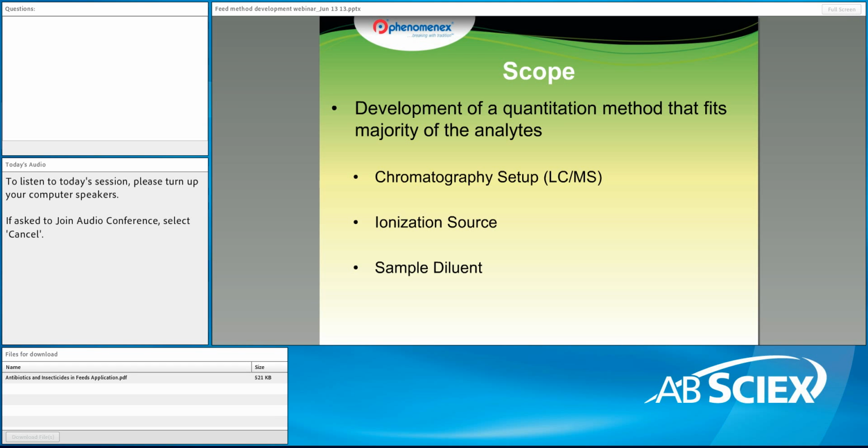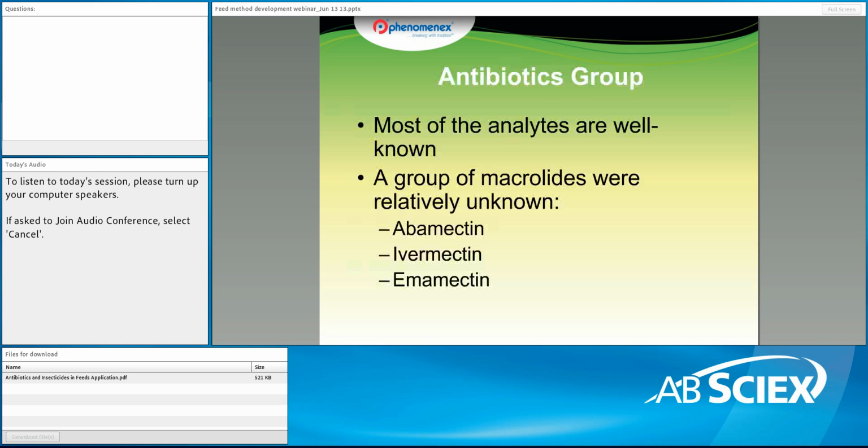The scope of analysis was basically three parts: to look at the chromatography setup, or more accurately the LCMS setup, where we found a few interesting tidbits about these compounds, along with finding some issues in the ionization source, and finally we'll wrap things up with the sample diluent.